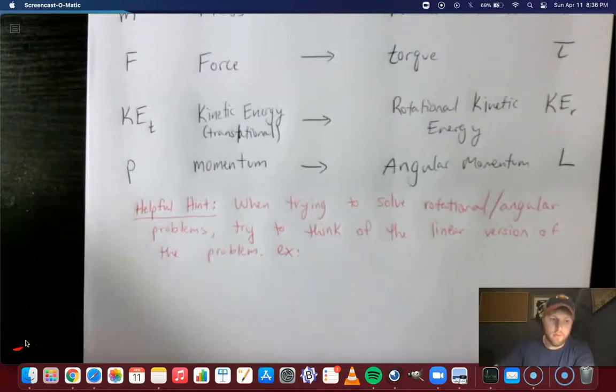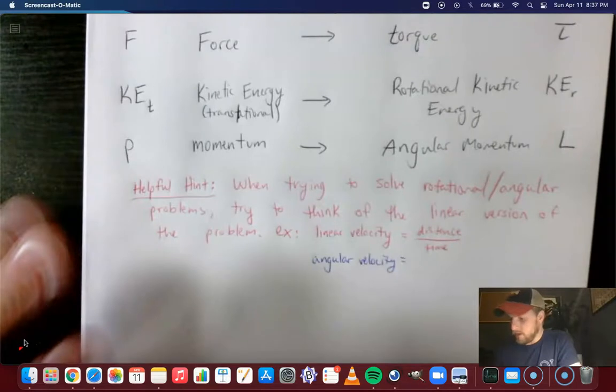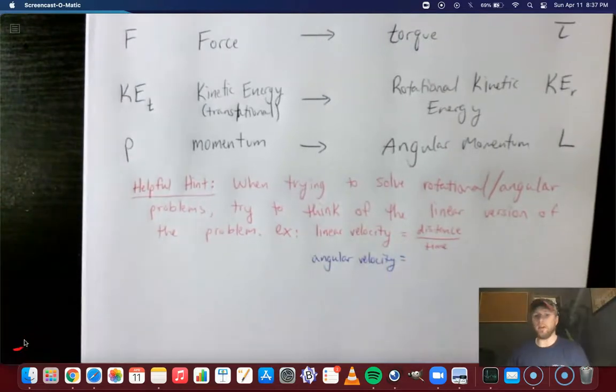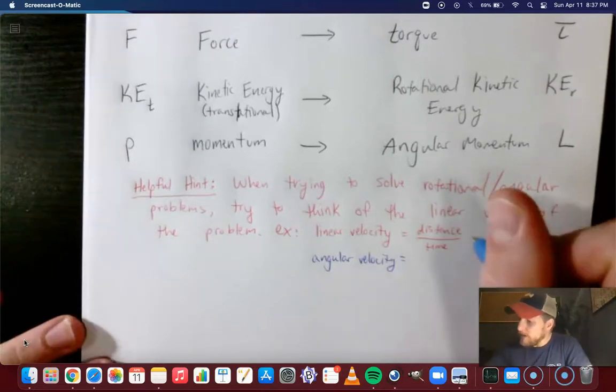So for example, you can compare the two velocity concepts. We've got linear velocity, which most of us are familiar with from driving or just generally watching things move around. Most of us can remember off the top of our heads that linear velocity is distance over time. Think miles per hour in a car. So we can get that pretty easily.